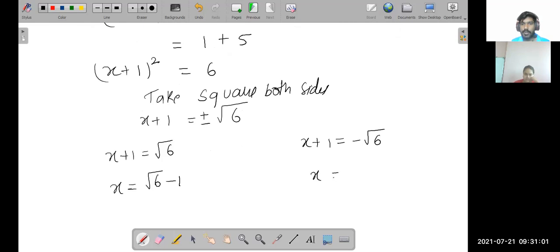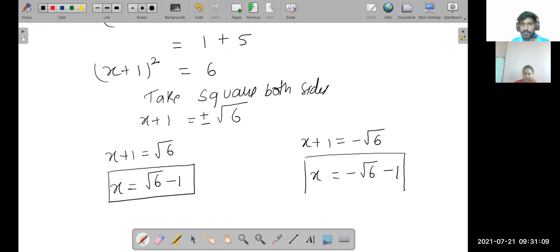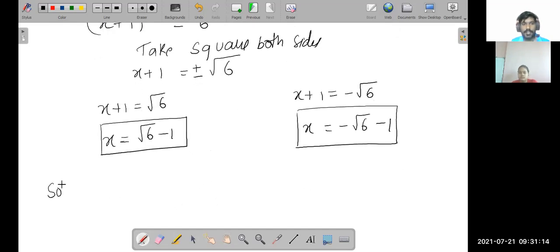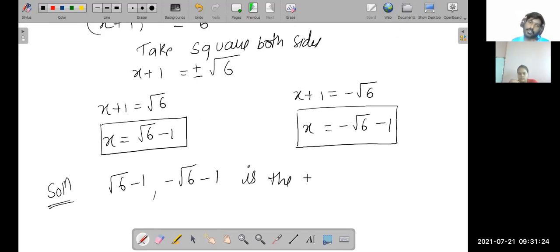And here you take plus 1 to the other side, it will become minus root 6 minus 1. That's it. This cannot be solved any further, so we'll stop here. So we'll say root 6 minus 1 and minus root 6 minus 1 is the solution of the quadratic equation.